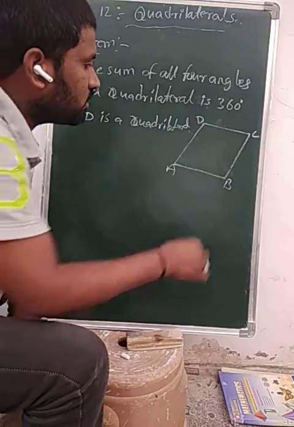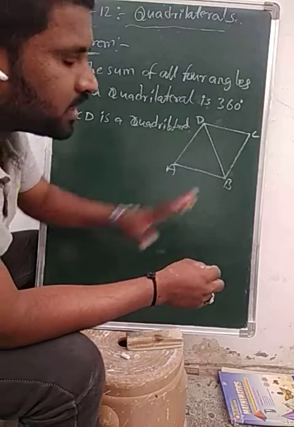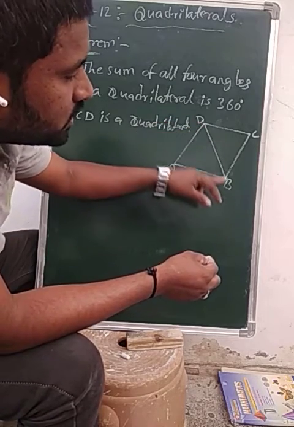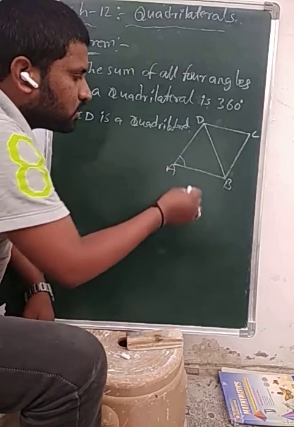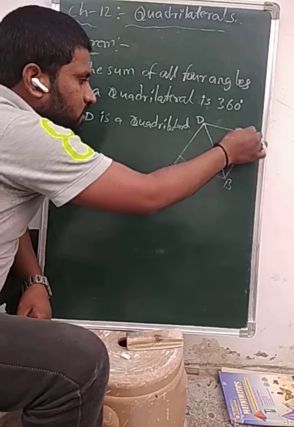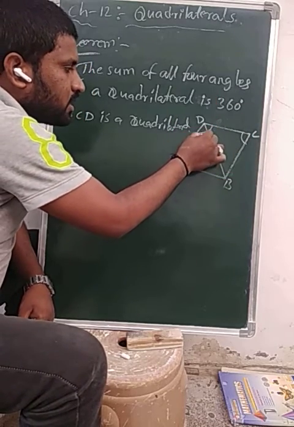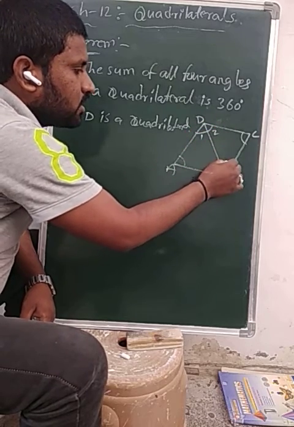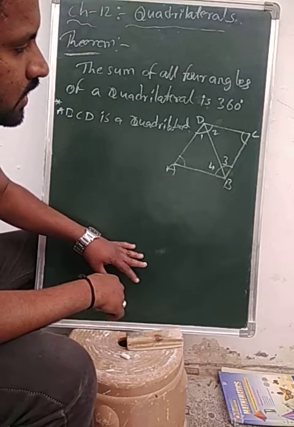Now see here, this is one of the diagonals, BD. Now everyone observe carefully. This is angle A, this is angle C. Now I am taking here angle 1, angle 2, angle 3, angle 4. Try to observe clearly.